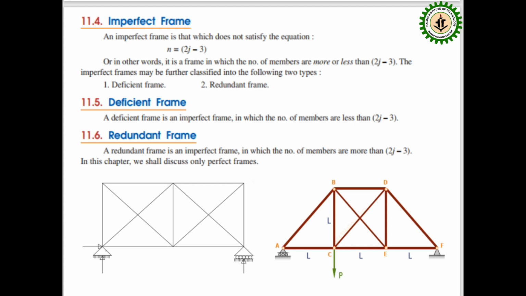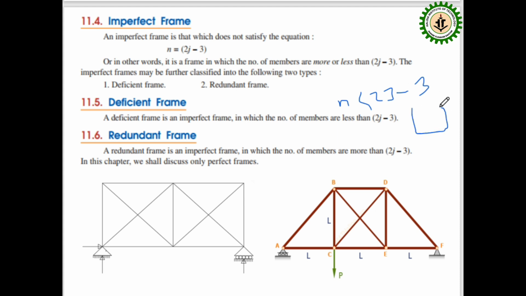Where n is less than 2j minus 3, it is called a deficient frame. So what is an example of a deficient frame?